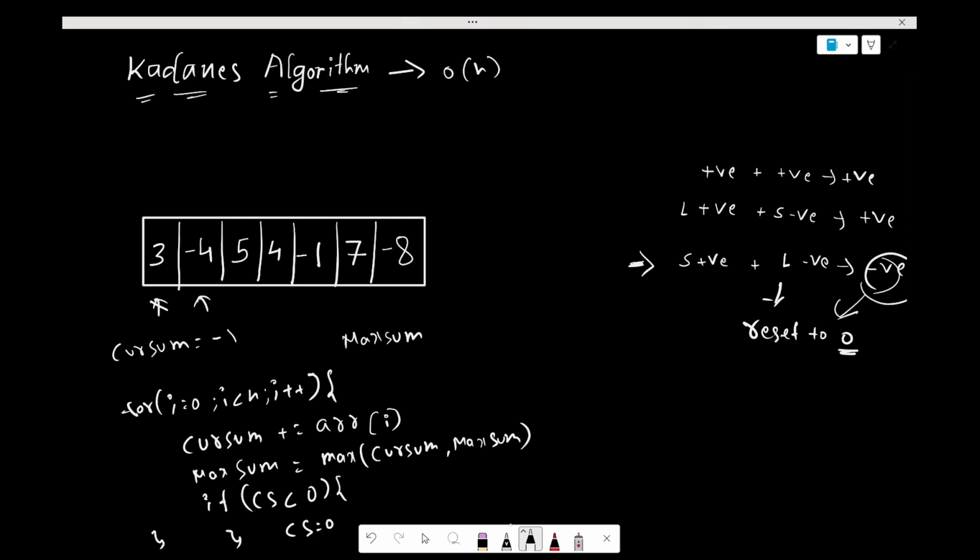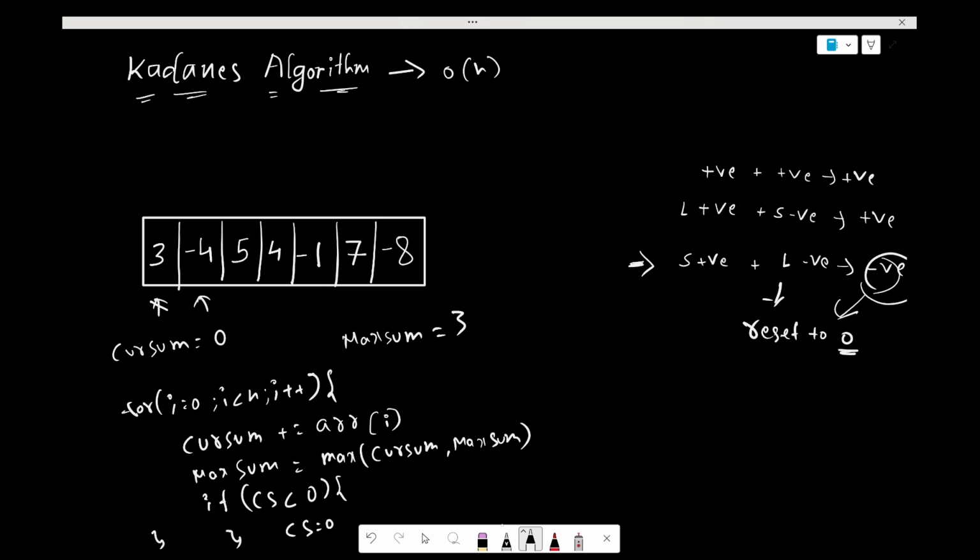Sorry, we should update max sum also. When current sum is 3, max sum is also 3. When current sum is -1, the if condition is checked, it's -1, so it's updated to 0. Then current sum is updated to 0 and the max sum stays the same.